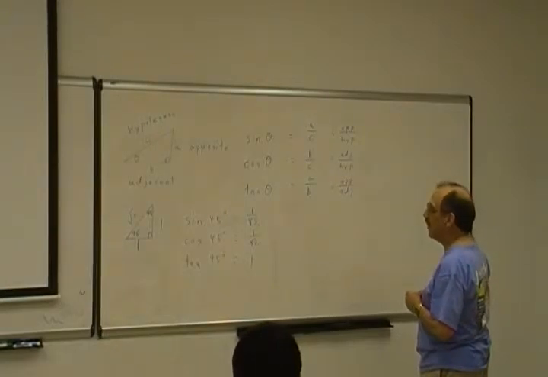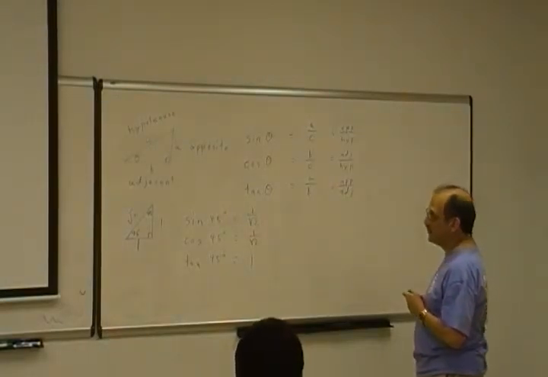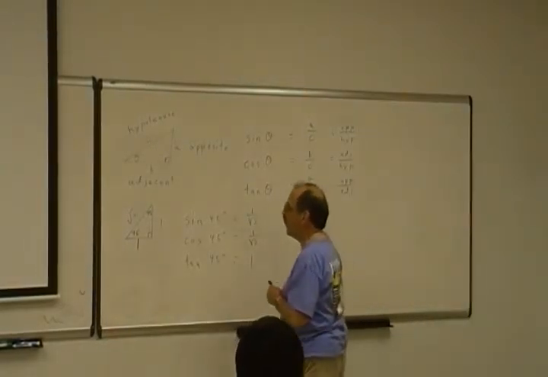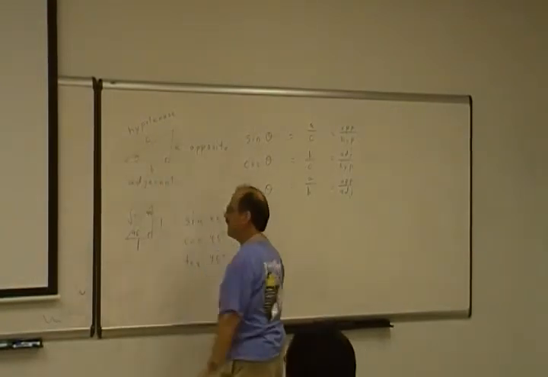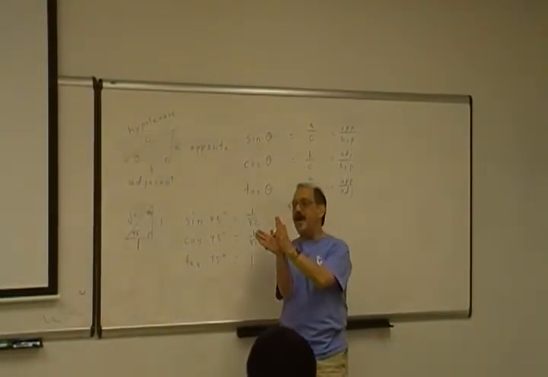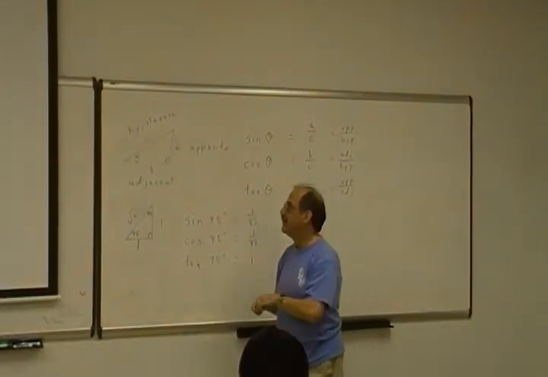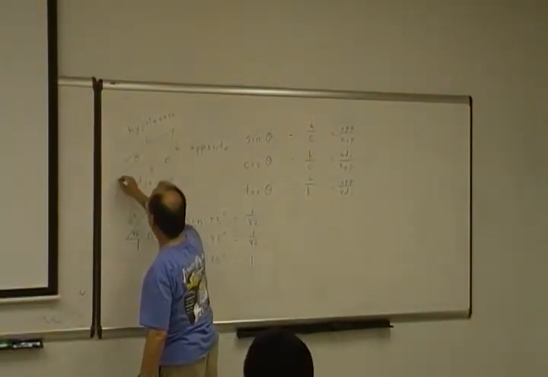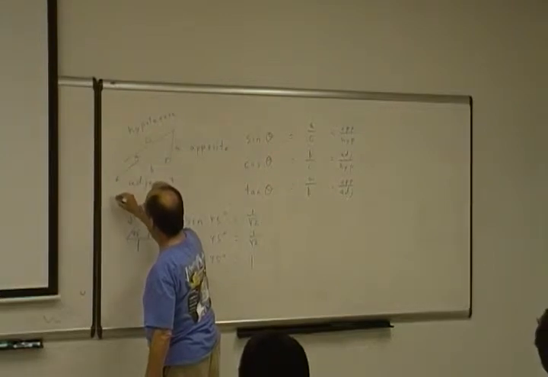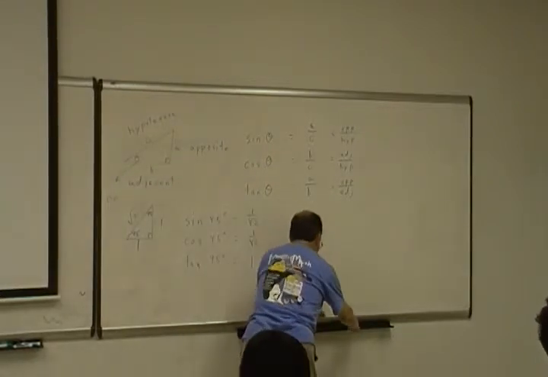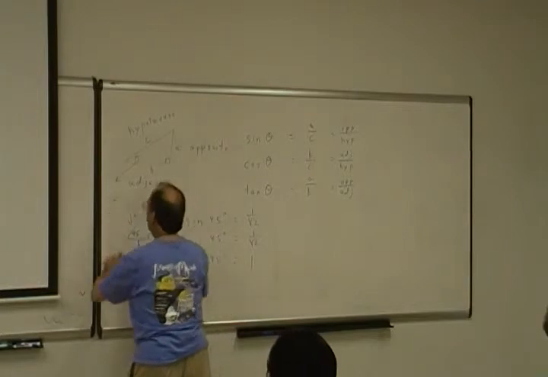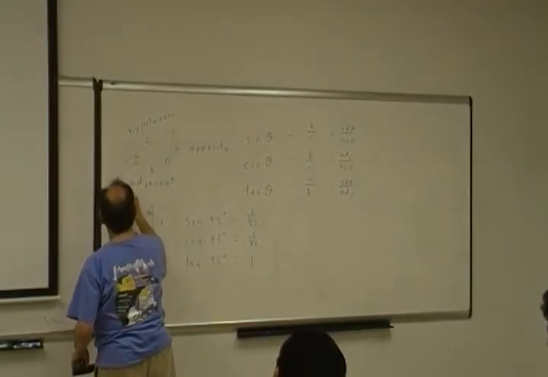All right. So those are the triangle definitions. Now that only works if theta is what's called an acute angle, less than 90 degrees. This angle in here is acute, A-C-U-T-E.